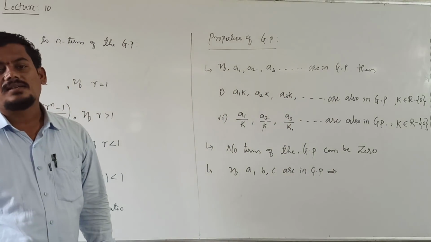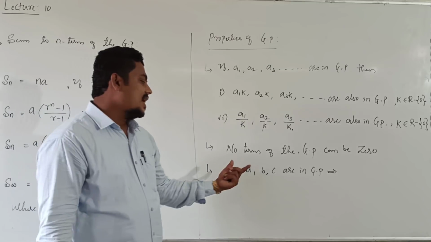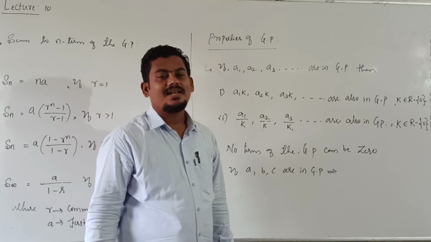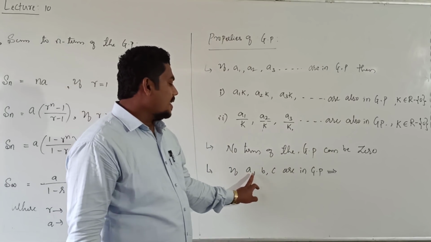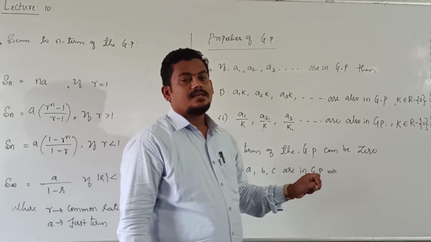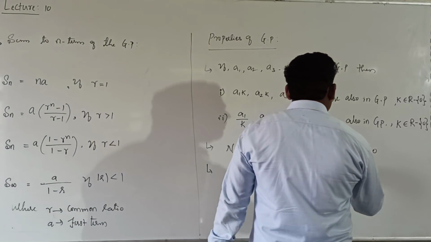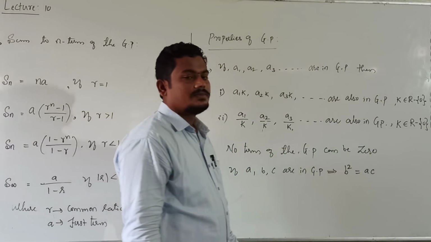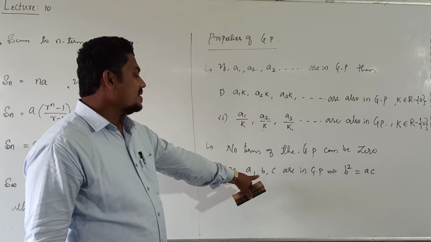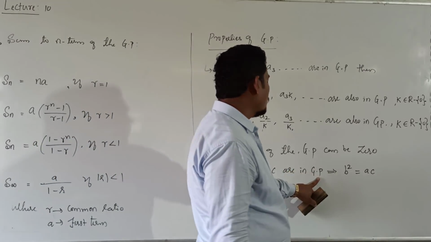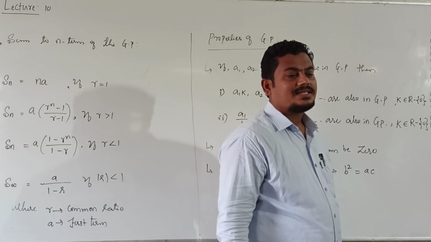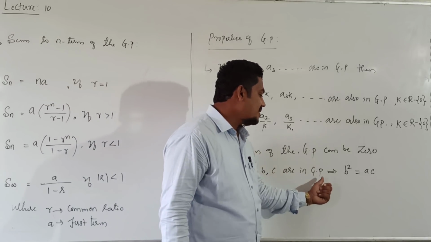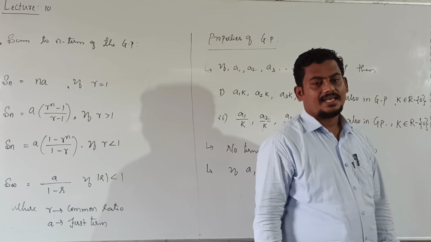If three numbers A, B, C are in GP, then the middle term whole square is equal to the product of the first term and the last term. B square is equal to AC.